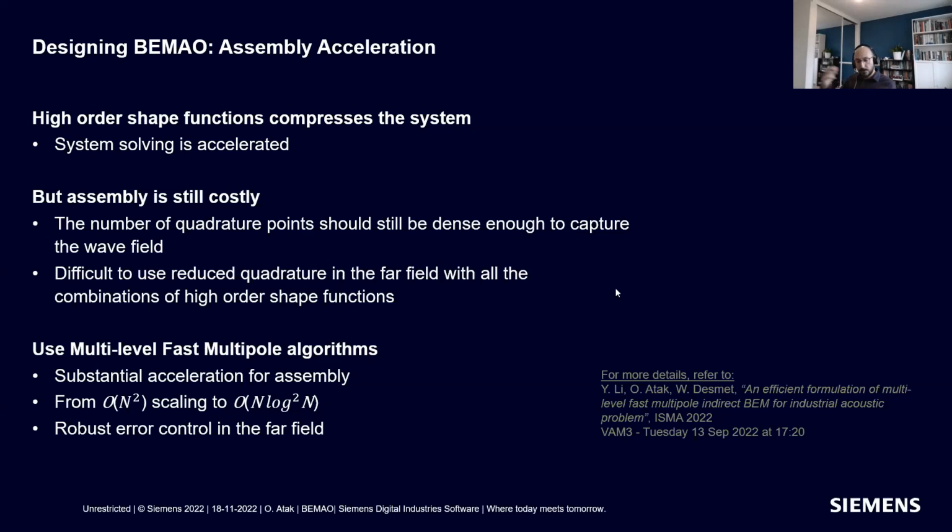You're saving on the system size. If you know our legacy software coming from the 90s, SysNoise, which became Virtual Lab Acoustics, and today is SimCenter 3D Acoustics, and you know the IBEM formulation there, what's typically used is reduced quadrature.